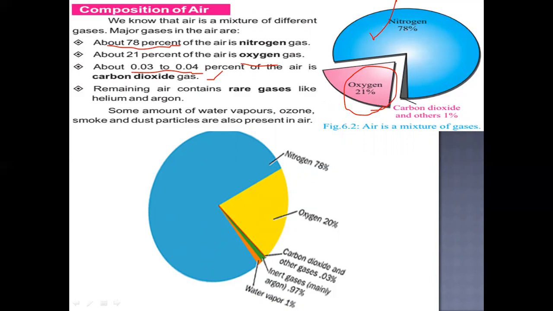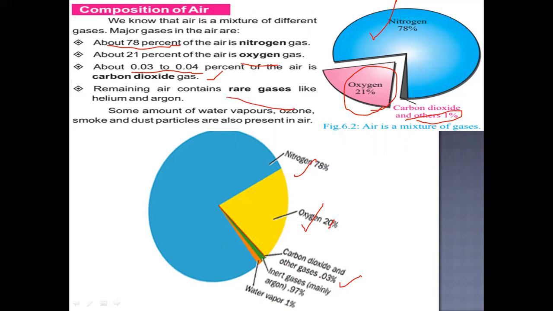And some other gases make up about 1%. So we can see here, nitrogen is 78%, oxygen is almost 21%, 0.03% is carbon dioxide, and some inert gases, which are also called rare gases.